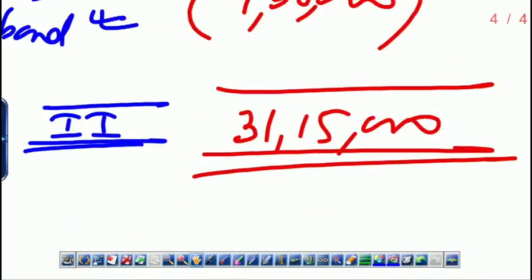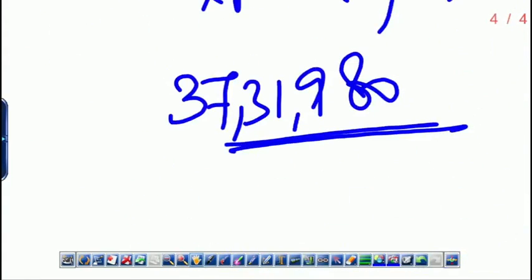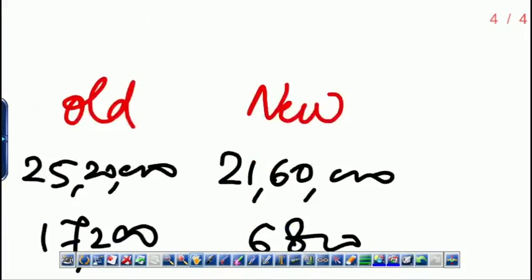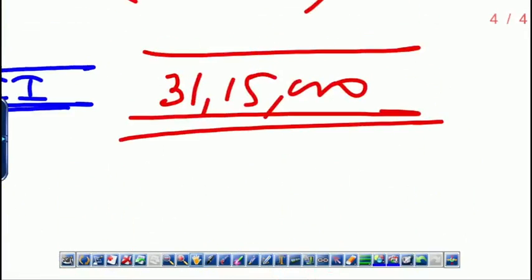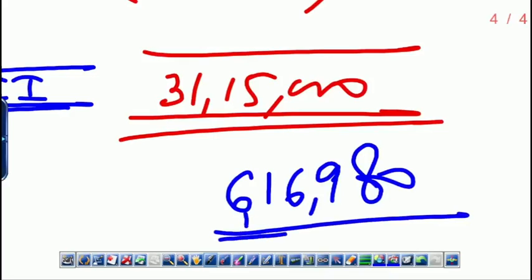Once again, 37 lakh 31,980 minus 31 lakh 15,000 comes to 6 lakh 16,980. NPV is positive, 6 lakh 16,980 is the answer. The bond refunding decision is viable.